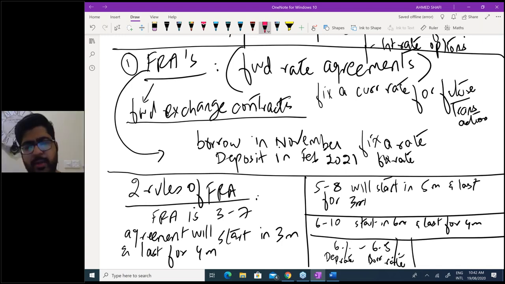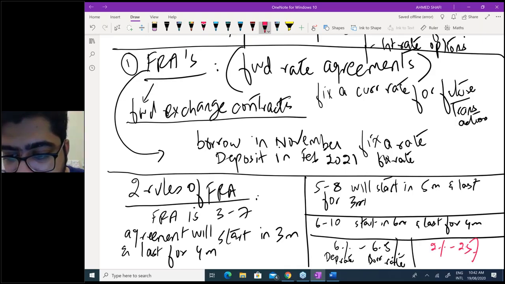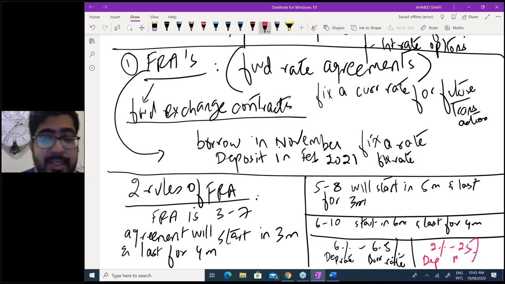To learn this, it can't happen any other way. Like in currency rates, there was a chance that sometimes lower is buying, higher is selling, and sometimes higher is selling, lower is buying. No, in interest rates, the rule gets fixed. If there are 2 rates mentioned, 2% - 2.5%, remember always lower is the deposit one, higher is the borrowing one. It can't be the other way. The higher can't be deposit, the lower can't be borrowing.